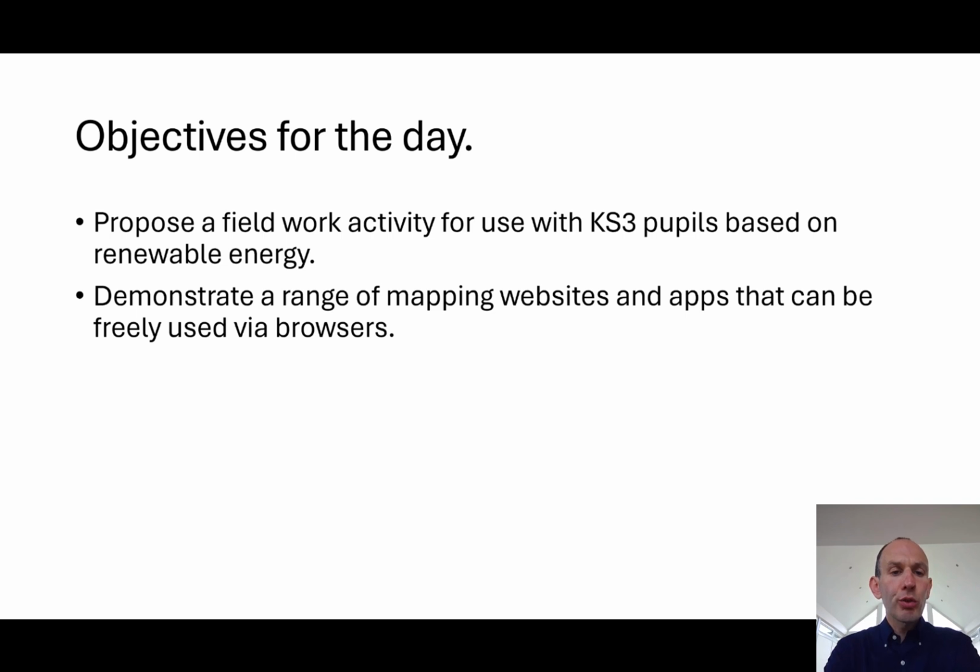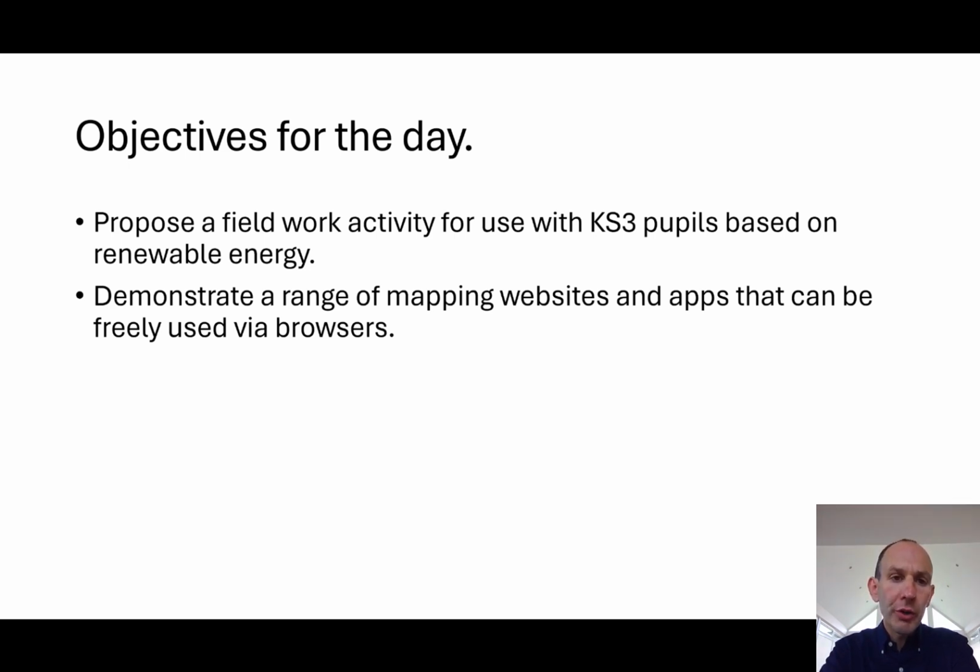So the objectives for the sustainable energy or renewable energy activity that we're proposing are twofold. Really, the first idea is that we propose a fieldwork activity for use with Key Stage 3 pupils, and that activity would be based around renewable energy on school sites or school campuses.